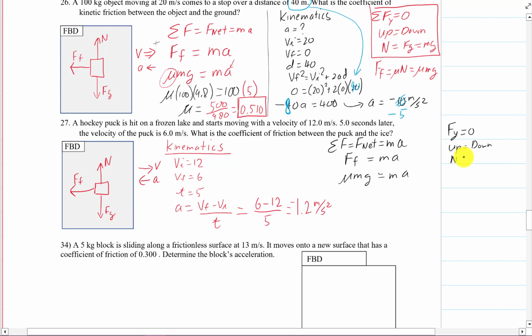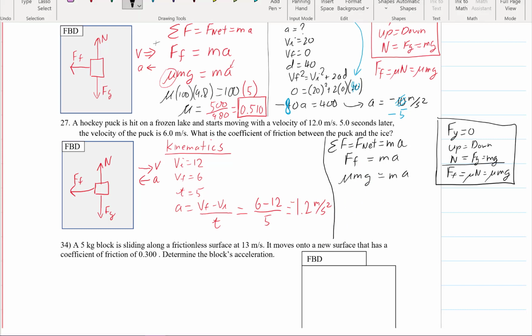The upward force is the normal, and the downward force is the force of gravity, which is mg. So when we change over to the force of friction, which is mu N, I can substitute that with mg, mu mg. You getting tired of me doing that? Well, I'm just trying to be efficient, showing why I'm doing it. You can't just assume that you can do it, because when you assume, you know what happens.